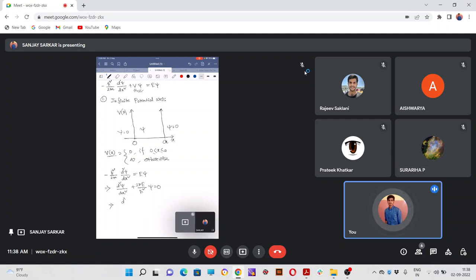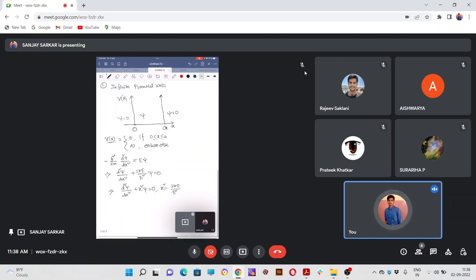We can write this as d2 psi dx2 plus k square psi equal to 0, where k square is 2mE by h bar square. Now the solution of this differential equation is very easy to show, that it is a sin kx plus b cos kx, where a and b are arbitrary constants.